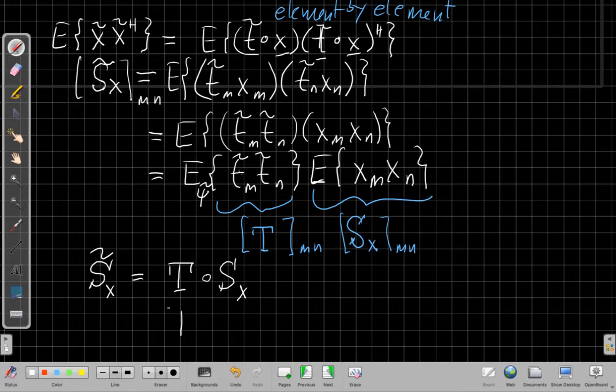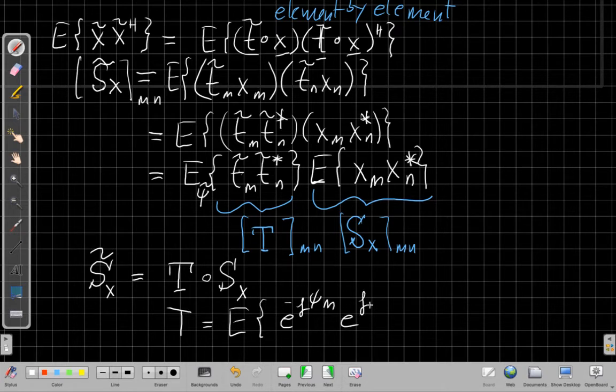Where T is defined to be the expected value of this term, which would be e to the minus j psi m, and then I forgot, these second ones are from the Hermitian, the n's, so these are all conjugates, right? Because the Hermitian is the conjugate transpose.